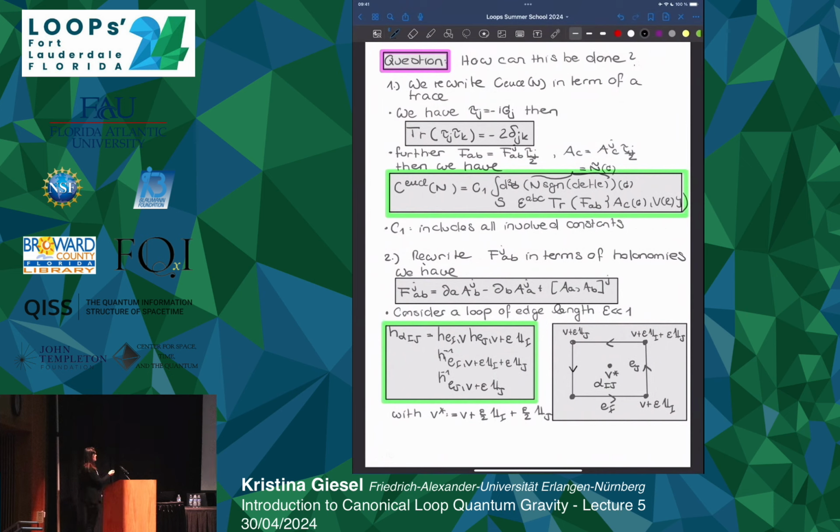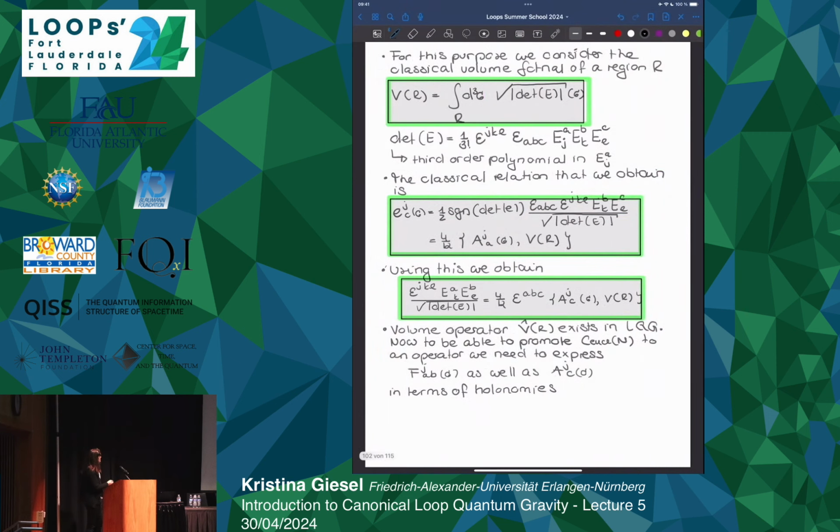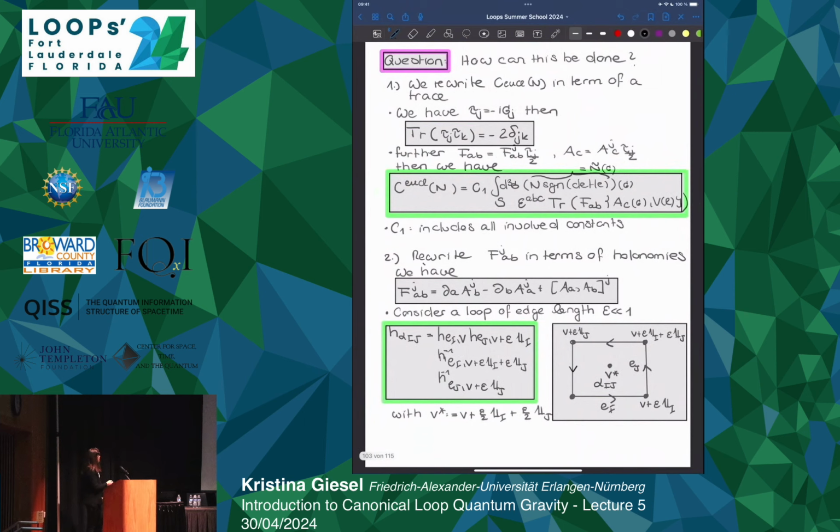We know for this choice, the trace of two tau matrices is just minus 2 times the Kronecker delta. And using that, we can rewrite the Euclidean part that we are interested in terms of a trace. So we have collected all possible constants here. We have our integral. We absorb the sine function, which was in this identity, into a redefinition of our lapse function.